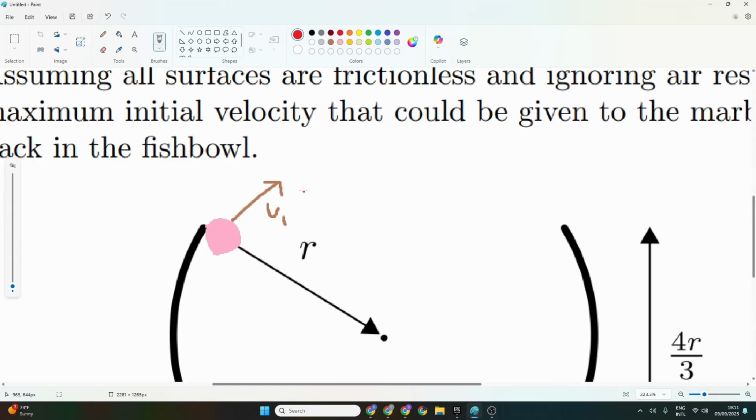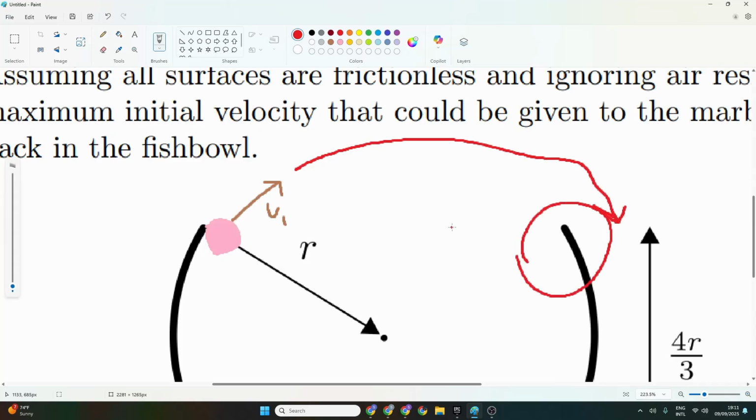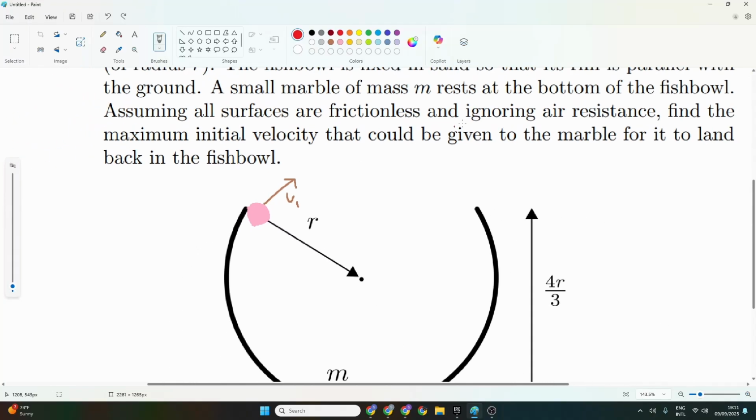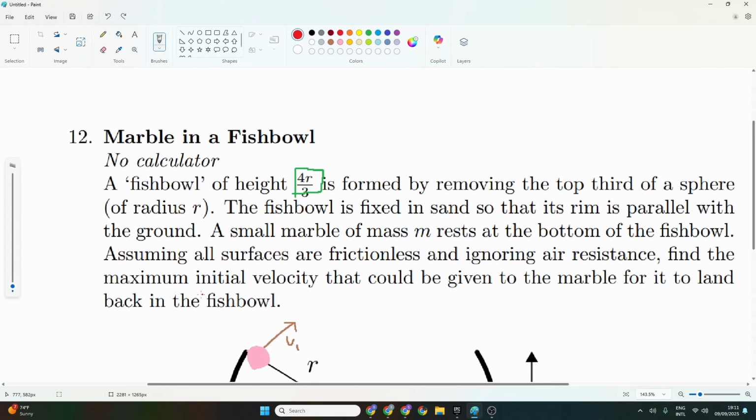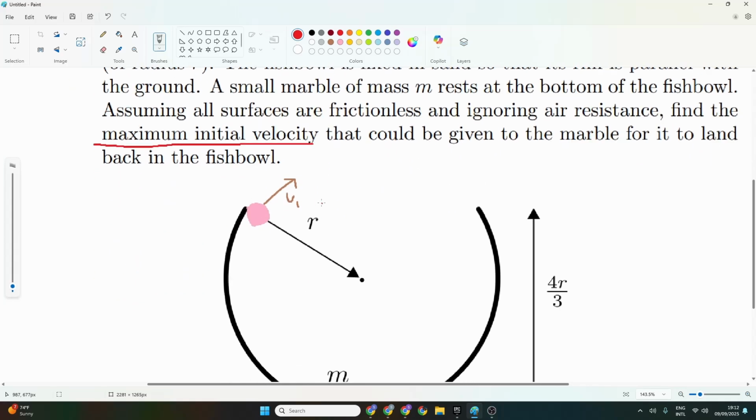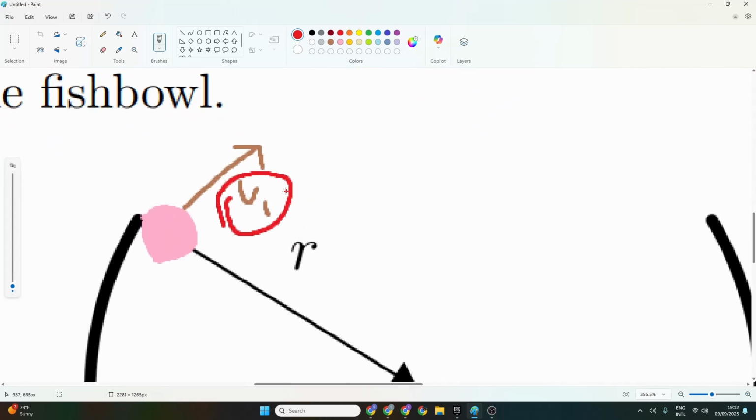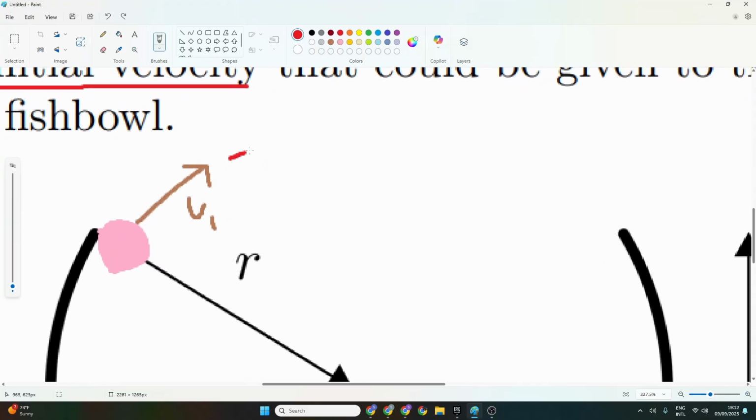And we want a v1 at this point such that it does not overshoot this rim right here. In fact, we want the edge case because we're looking for the maximum initial velocity. So we want the maximum v1 can be so that it ends up inside the fishbowl, which would be hitting this rim right here, traversing this distance in such a way that it falls down to exactly the same elevation that it was before.